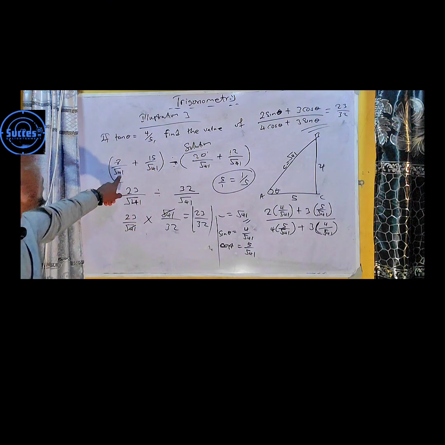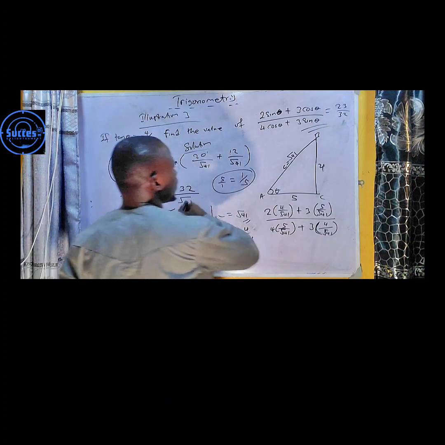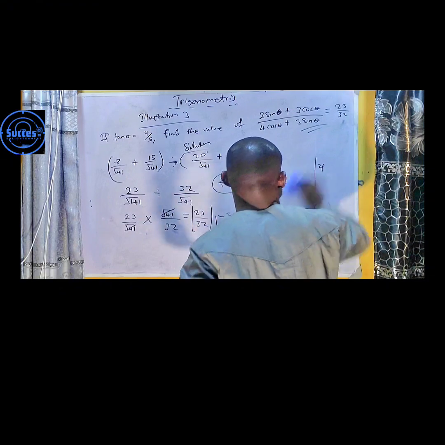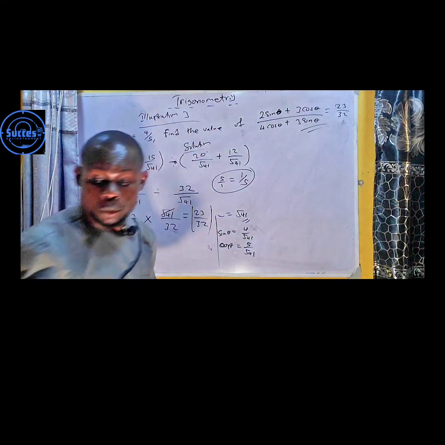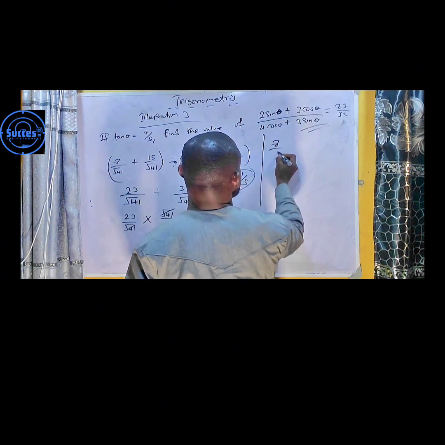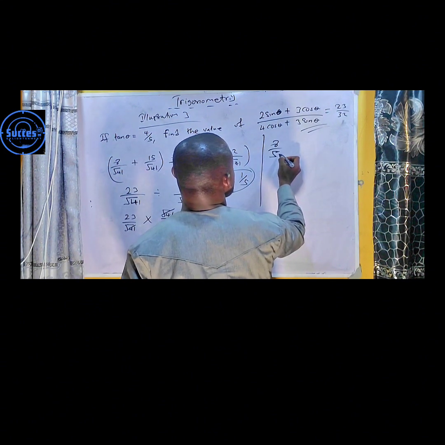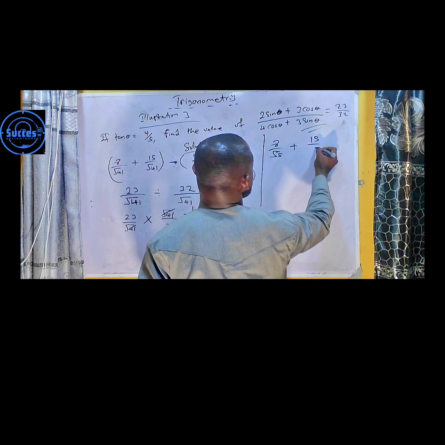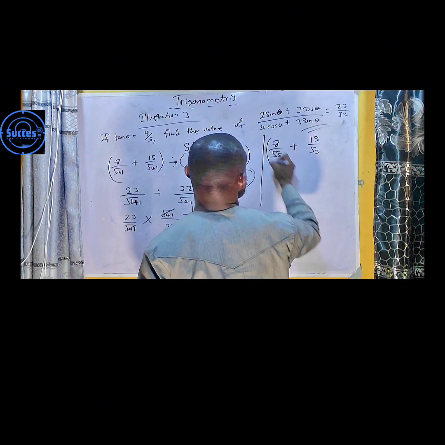Suppose what you have here is 8 root 5 plus 15 root 3.